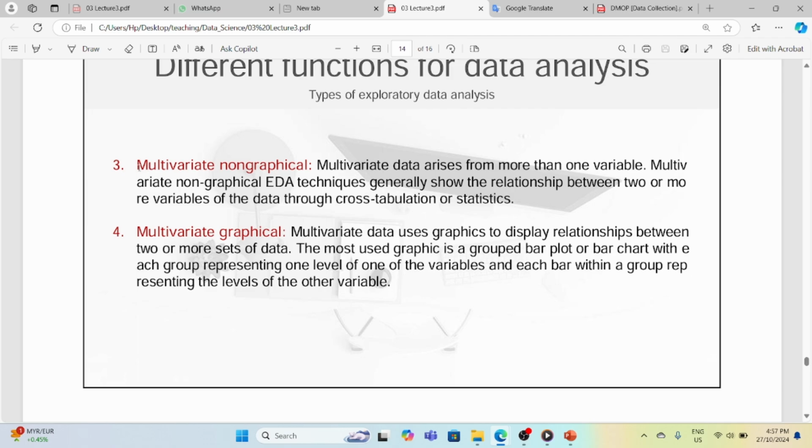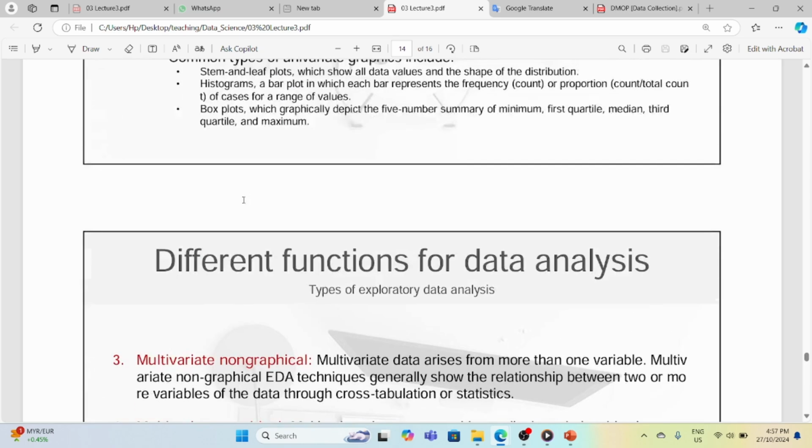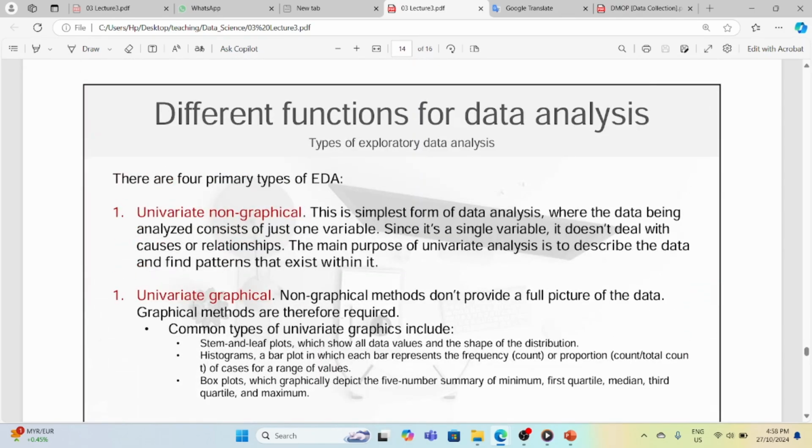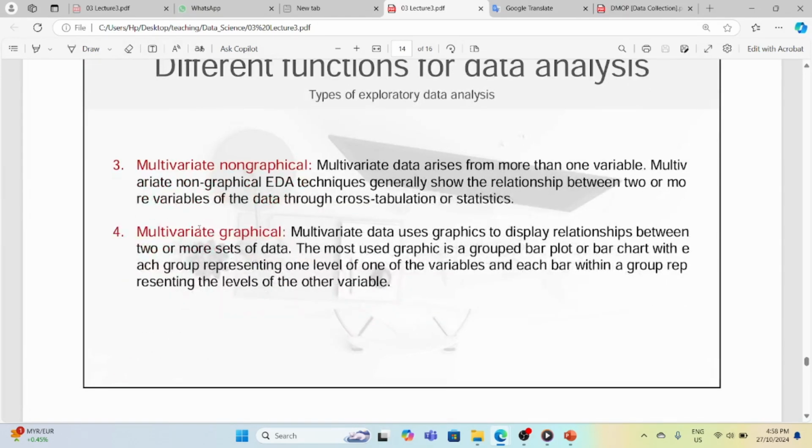So we have univariate and multivariate. For univariate we have non-graphical and graphical. For multivariate we have non-graphical and graphical. Multivariate data arises from more than one variable.